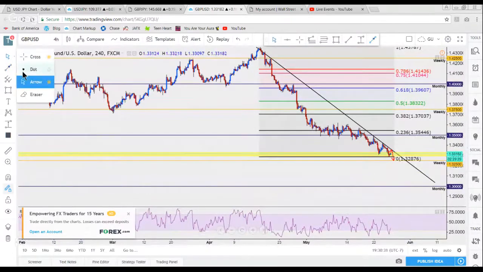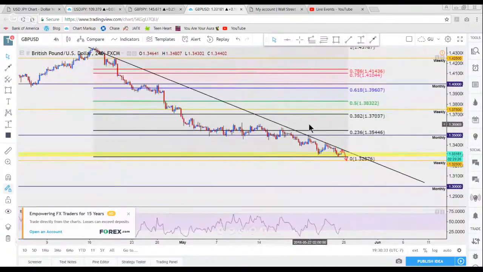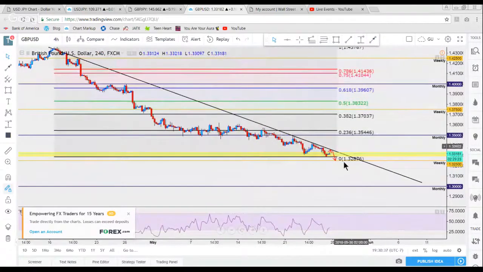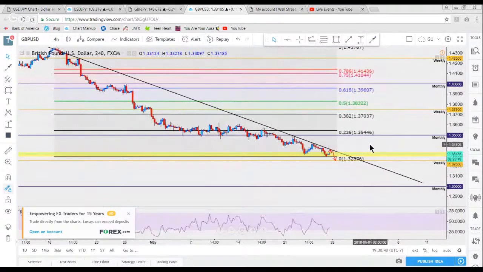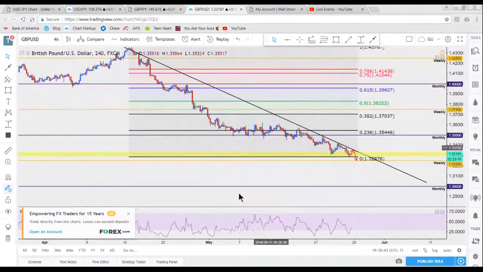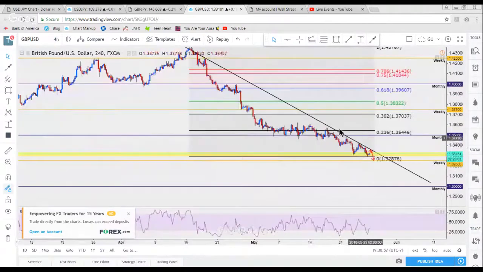Because if you really look at GU, we haven't retraced much. There hasn't been a huge retracement, so it's clear that the momentum for this downtrend is there. Like I said, if this doesn't break the trend line, I definitely see it touching it and then going back like it has done these past few times right here.